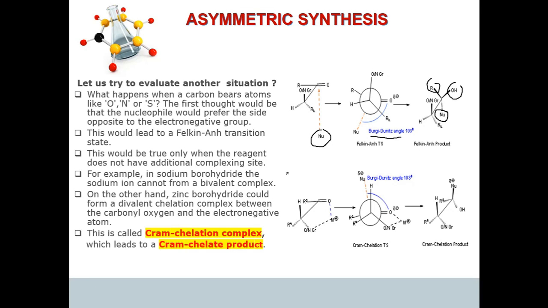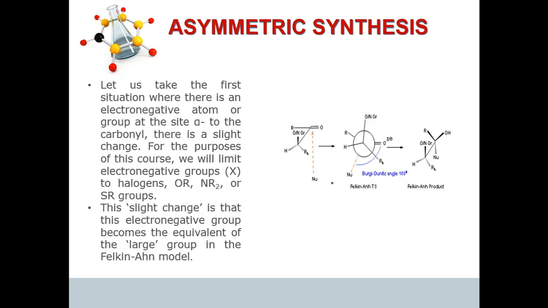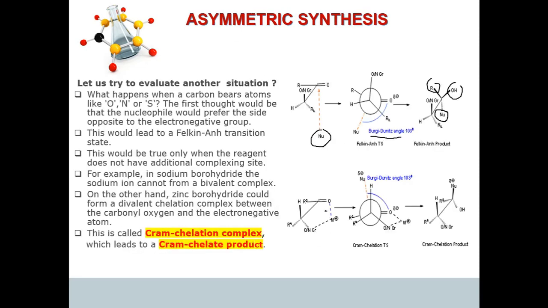Now this would be true only when the reagent does not have an additional complexing site. For example, in sodium borohydride, NaBH4, the sodium ion cannot form a bivalent complex. On the other hand, when we use zinc borohydride, this could lead to a divalent chelation complex between the carbonyl oxygen and the electronegative atom.